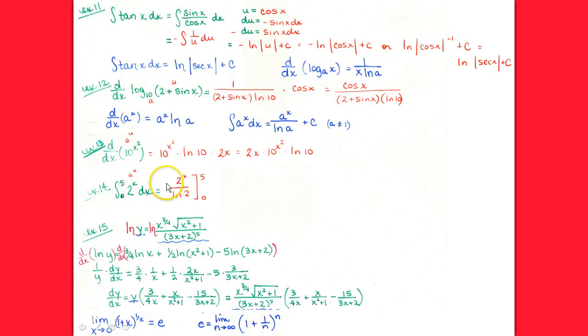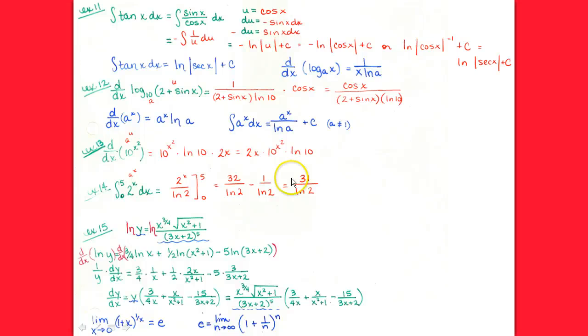That would give us 2 to the 5th over ln 2. So 2 to the 5th is 32. And then we can plug in 0, so 2 to the 0 over ln 2. So 2 to the 0 is 1. And because we have a common denominator, we could go ahead and combine the 32 minus 1 and get 31.